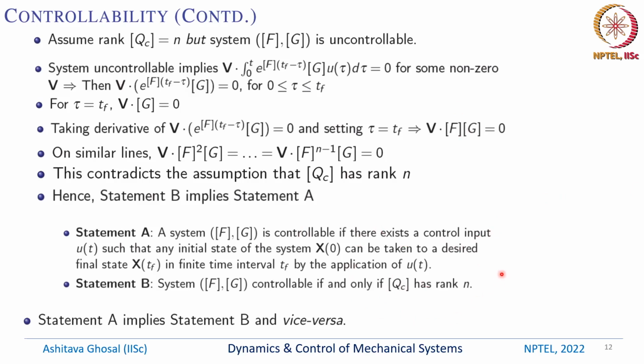And obtaining the rank of that matrix is also fairly straightforward. So instead of looking at this somewhat abstract definition, we can easily check if a system f comma g is controllable just by checking the rank of QC. And I have proved to you that both these definitions mean the same thing.